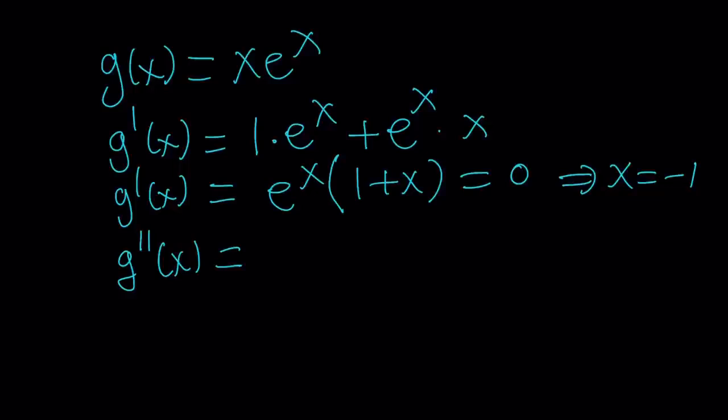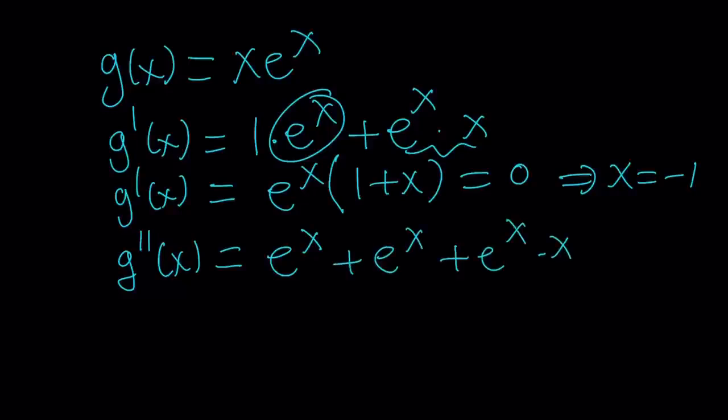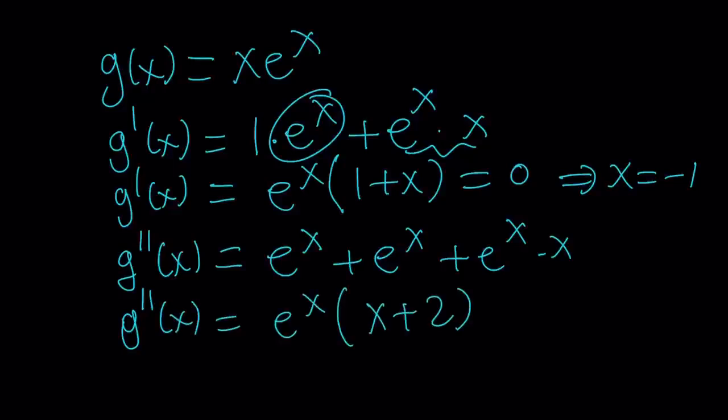So you're going to differentiate a sum, but you already know the derivative of e to the x is e to the x, and the derivative of e to the x times x is what we got for the first derivative. So I can add this plus this, and that just gives us an additional e to the x, which can be taken care of by factoring out the e to the x again, just like with the first derivative.